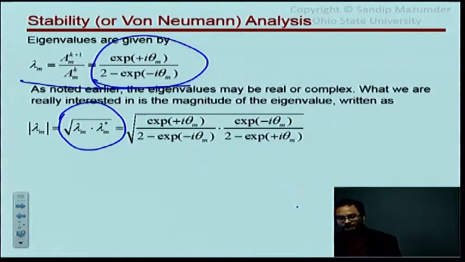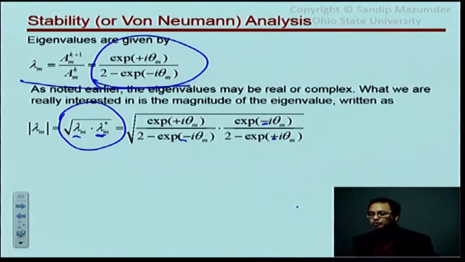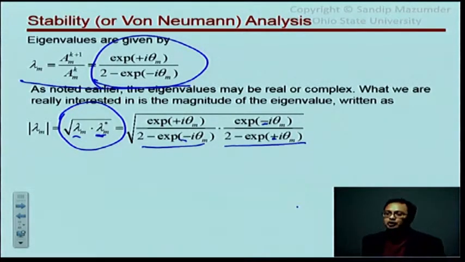So you take the lambda and its complex conjugate and then multiply the 2 and take its square root. This is basically finding the magnitude of a complex number. So I have e to the power plus I theta m, here I have a minus I theta m, and then here also the sign changed. I'll show you how to do it in general terms later on. But this is your lambda and this is your lambda conjugate. So we multiply the 2 and then take the square root.